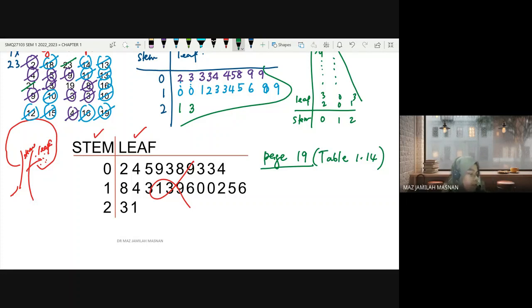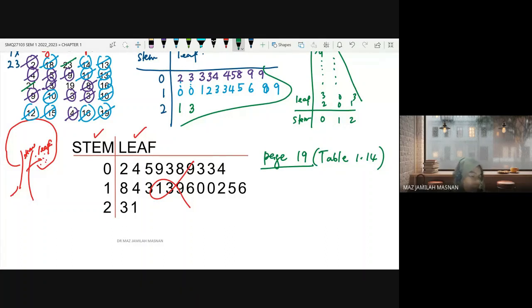So you can see how the histogram tells you about the data. How does the line chart or time plot tell you about the data? What is the advantage of stem and leaf? So everything is explained in page 19, table 1.14. So please understand the particular summary of graphical for quantitative data.